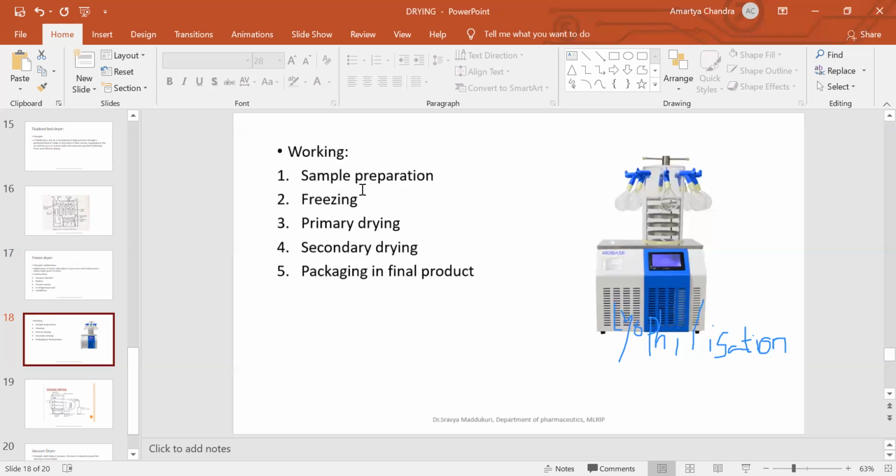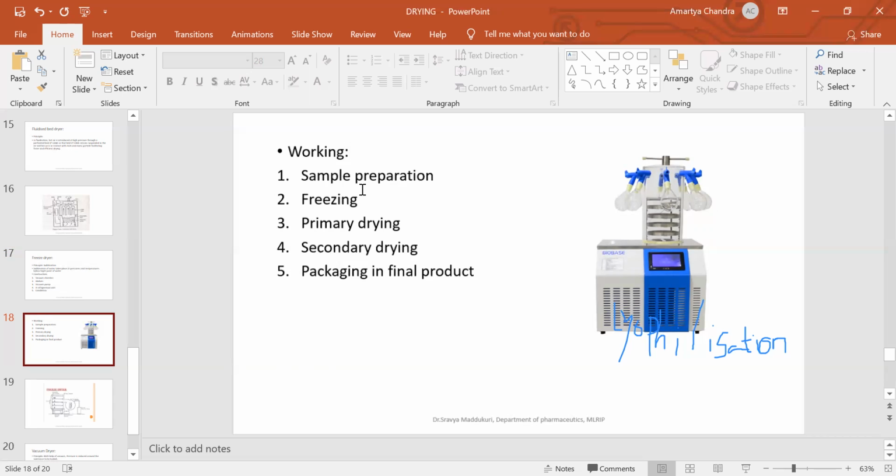In primary drying, the ice formed during freezing is removed by sublimation under vacuum at low temperatures, leaving a highly porous structure. This step is carried out at a pressure of 10 power -4 to 10 power -5 atmospheric pressures, and a temperature of -45 to -20 degrees centigrade.